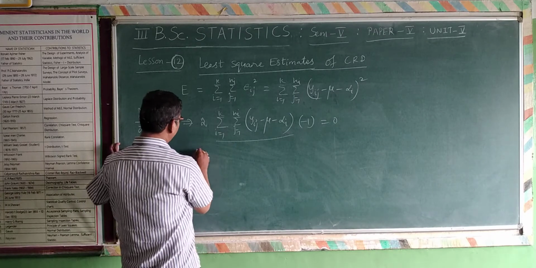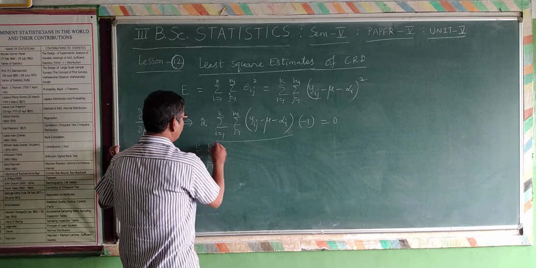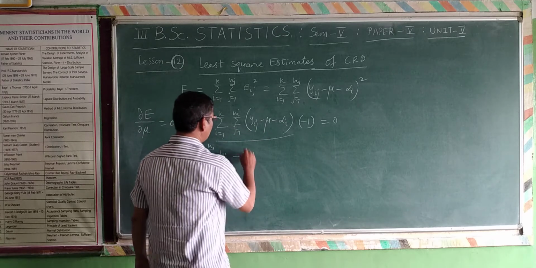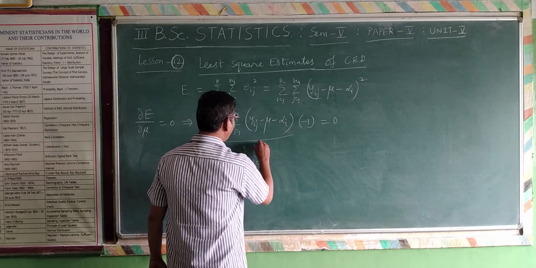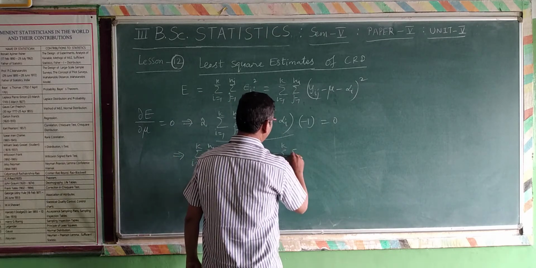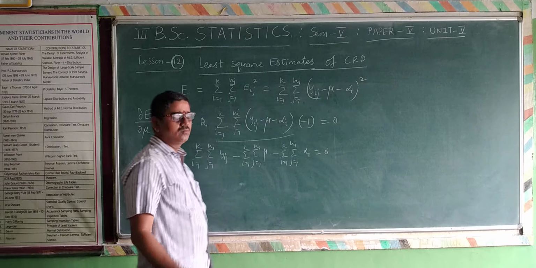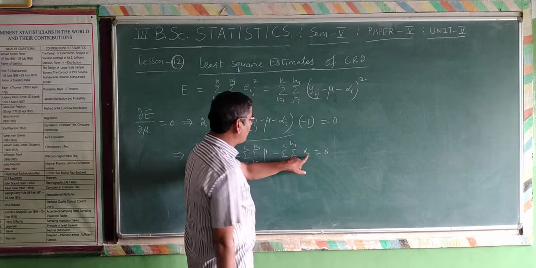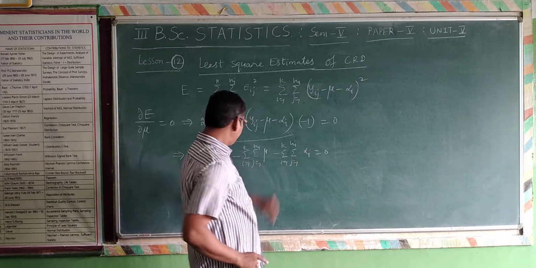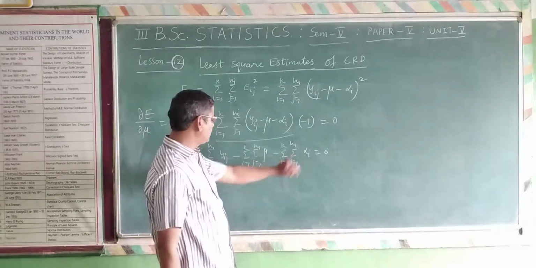Hence it is double summation Yij, that is the first term, minus double summation mu, minus summation i equal to 1 to k, summation j equal to 1 to ni, alpha i, equal to 0. This last term is summation ni into alpha i, since alpha i does not depend on j, and summation ni alpha i becomes 0. So hence it is 0.